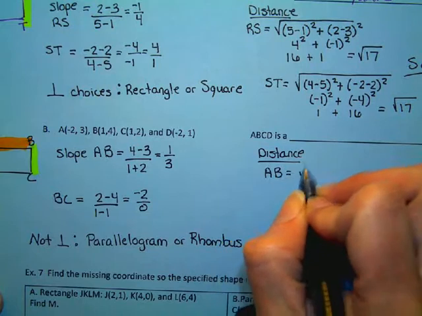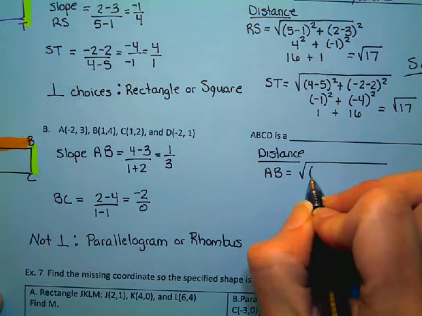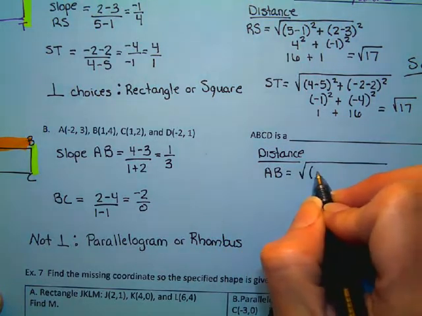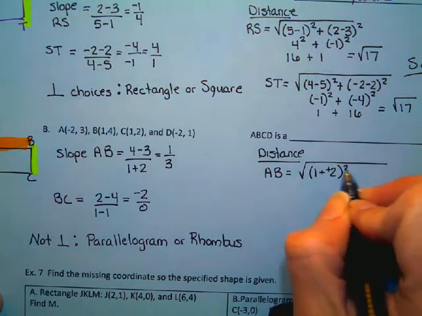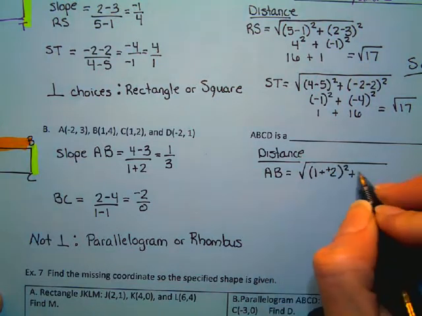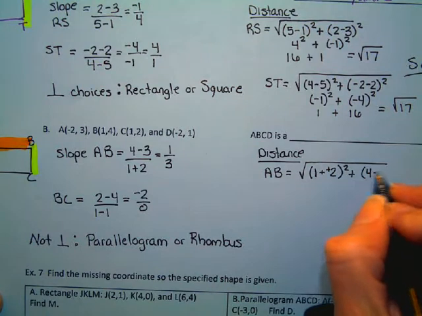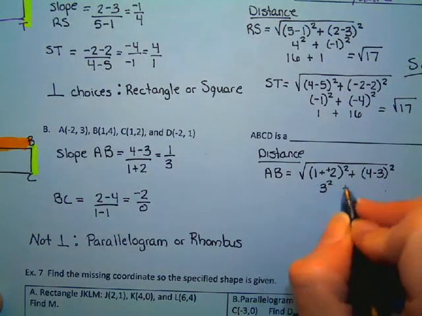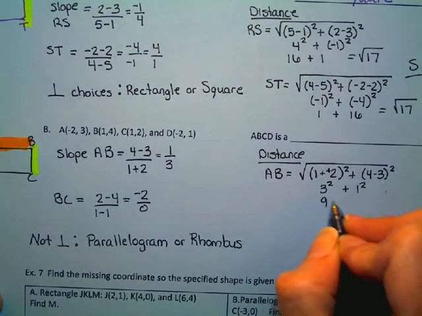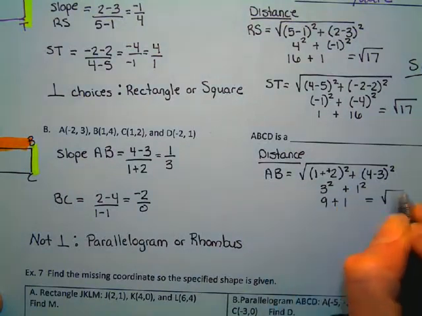So x's, we do 1 minus -2, which we can make that plus. 4 minus 3. So we get 3 squared plus 1 squared is 9 plus 1 equals square root of 10. And you don't have to simplify. We just have to see if they come out looking the same.